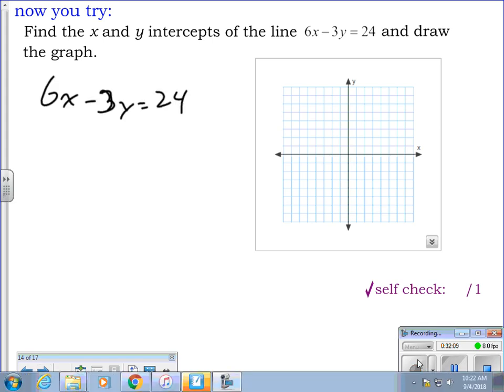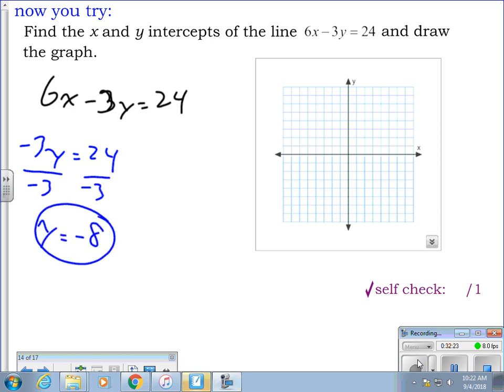That shouldn't take too long, so let's do this. Let x equal 0. I get negative 3y equals 24. Divide by negative 3. Y equals negative 8. Which I think, 1, 2, 3, 4, 5, 6, 7, 8. Yep, down at the bottom. Let y equal 0. I get 6x equals 24. Divide by 6.